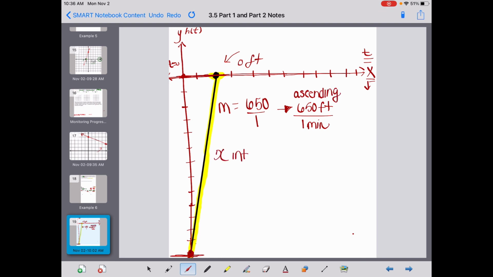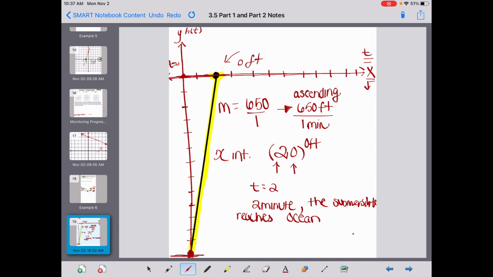Our x-intercept was 2, 0. At time t equaling 2, at 2 minutes, our submersible is at 0 feet. So we can say the submersible reaches the ocean's surface. And lastly is our y-intercept, which is at 0, negative 13,000.